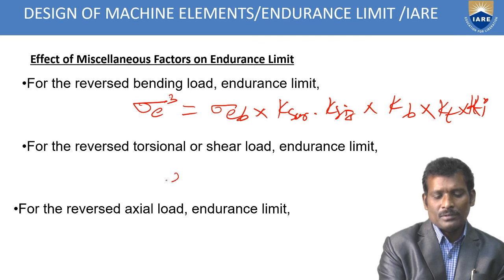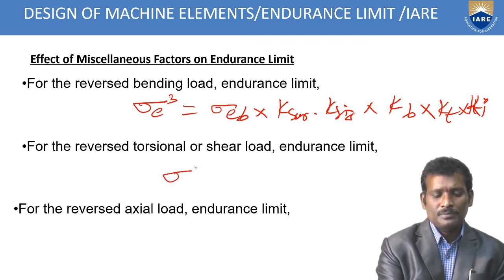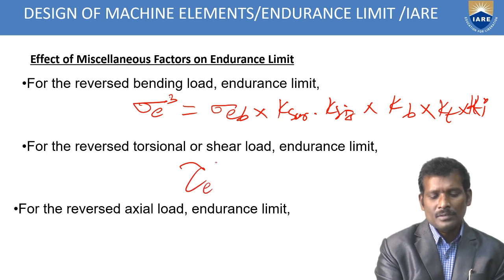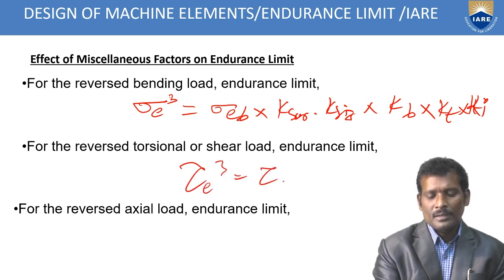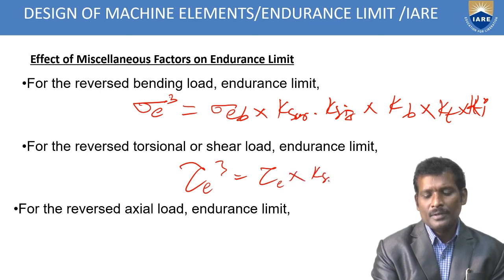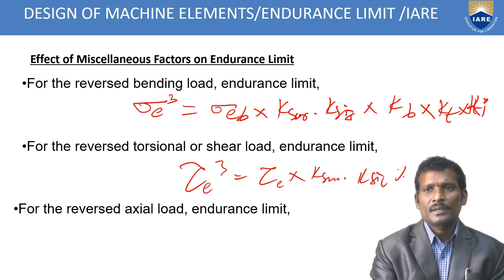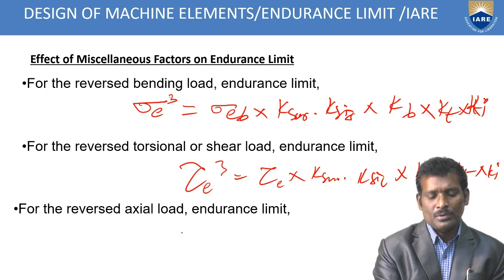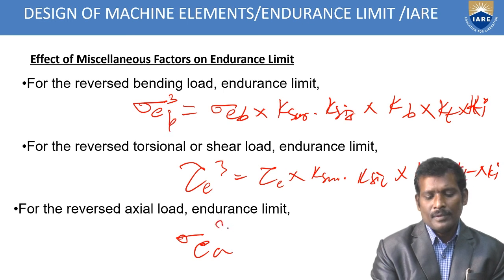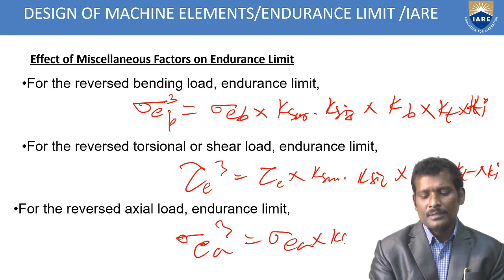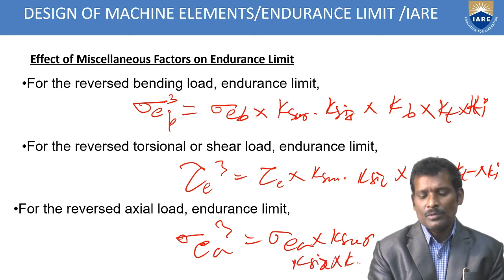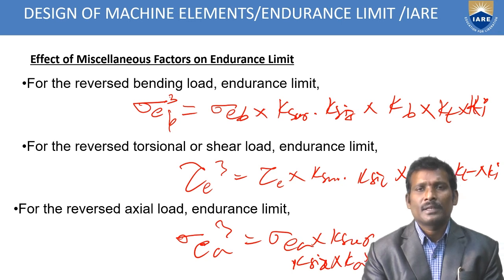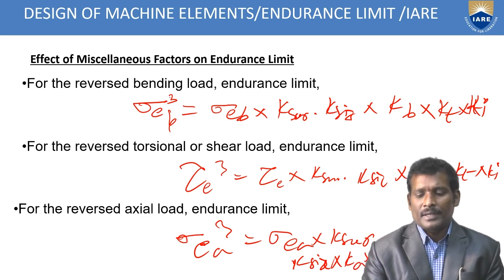Similarly for reversed torsional loads, same here: shear stress sigma E, K surface multiplied with K size, KB, and KT and KI. For reversed axial loads also the same: sigma EA, K surface multiplied with K size multiplied with K axial load correction factor, and KT and KI. So like this you need to calculate.